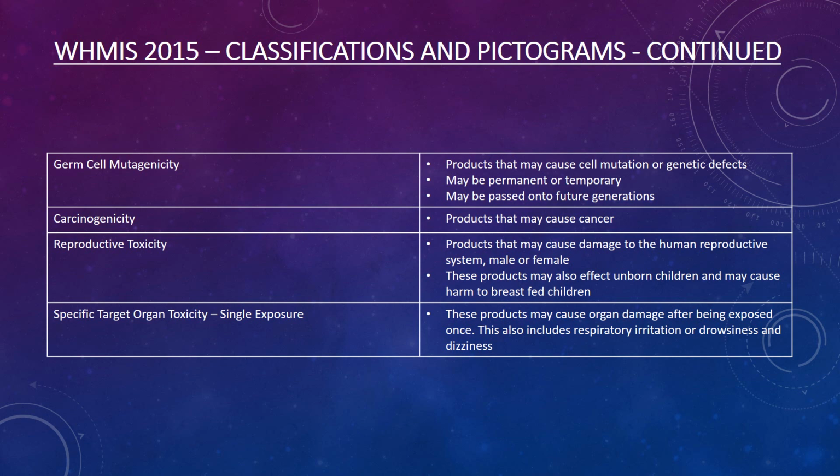These products may also affect unborn children and may cause harm to breastfed children. Specific target organ toxicity, single exposure. Description: these products may cause organ damage after being exposed once. This also includes respiratory irritation or drowsiness and dizziness.